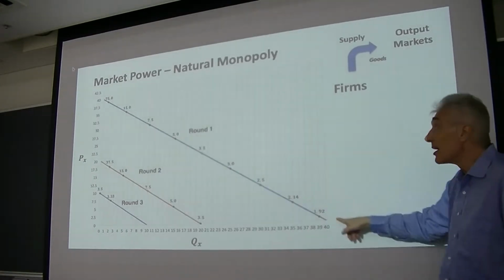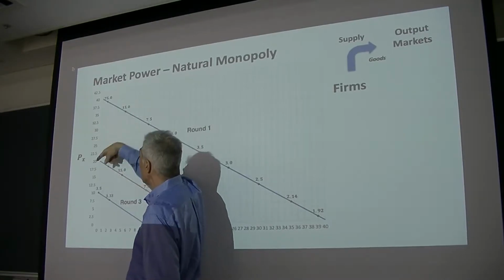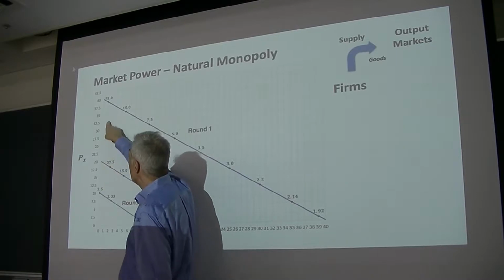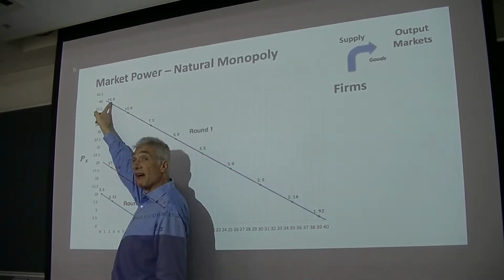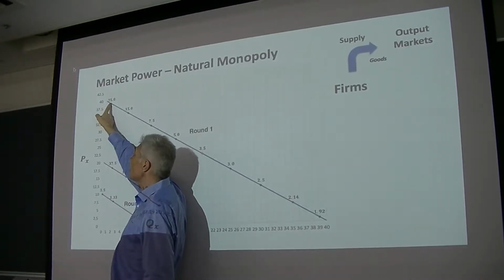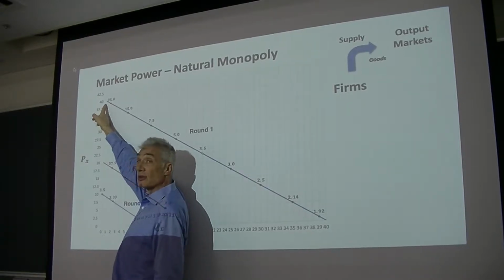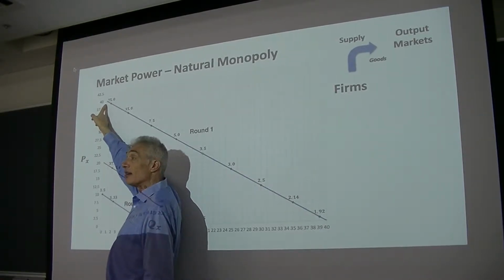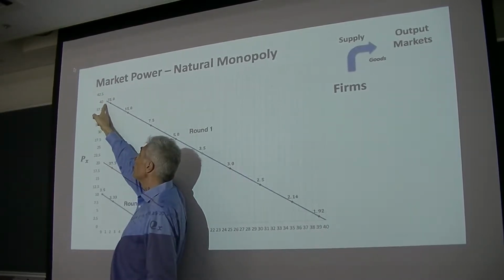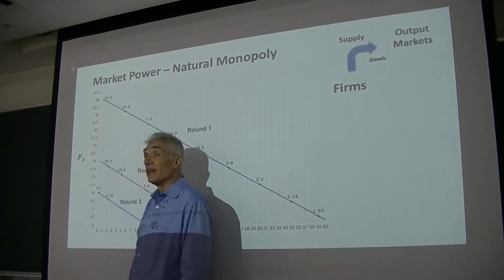Here, if the firm produces 1 unit of the good, the average cost is 75, so it costs 75 to produce 1 unit. The market price would be 39. Clearly, the firm is losing money. The marginal revenue is 39, and the average cost is 75.